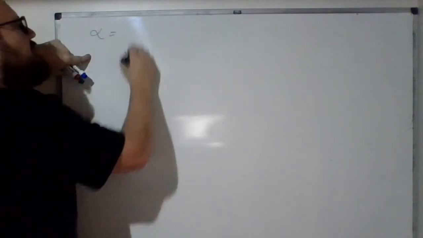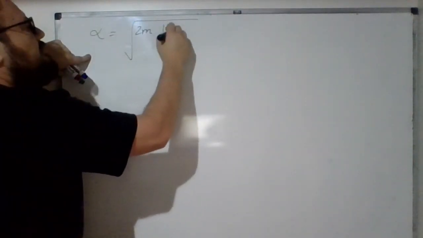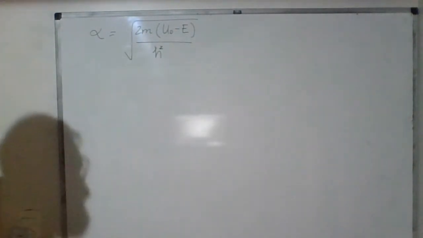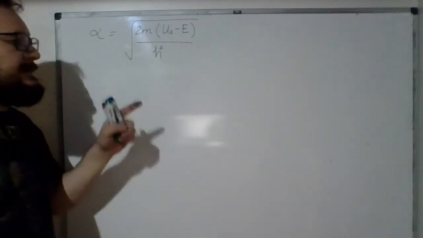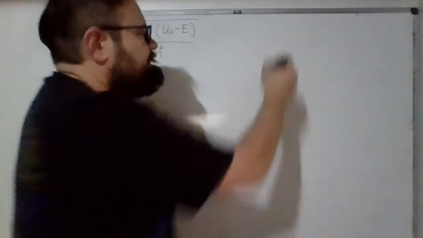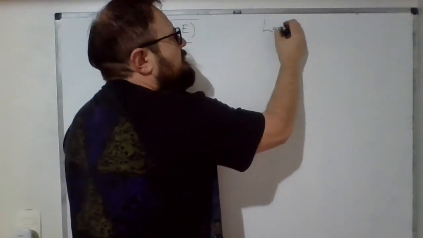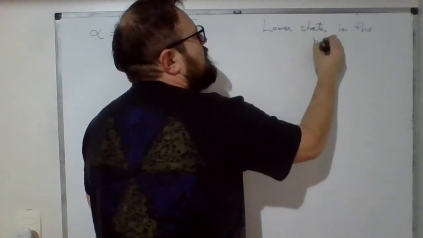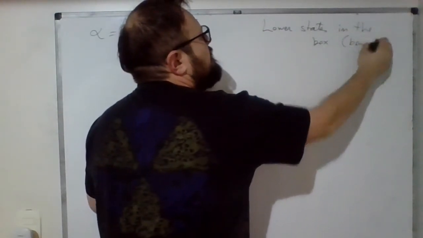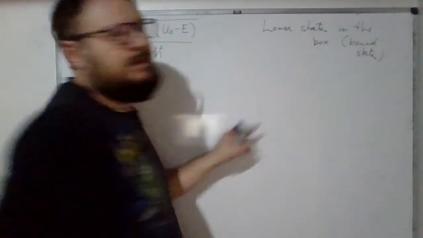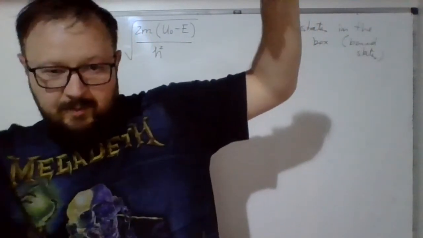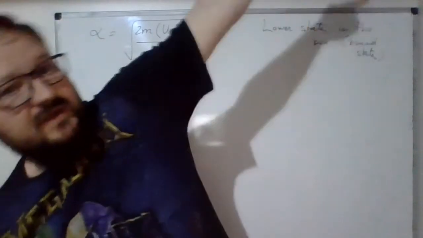So remember that alpha corresponds to this function here for bound states. For the lower states in the box, which means bound states, the top of your well seems, for a particle living down there, as infinite.